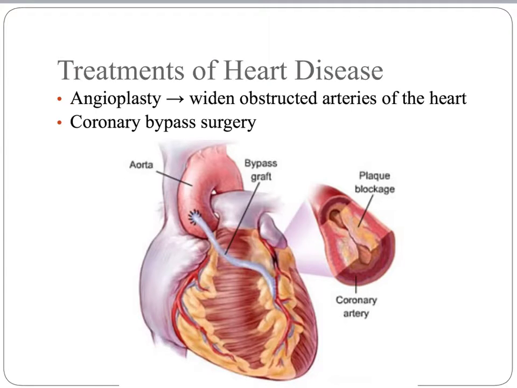There are also surgeries. One type of surgery to help with atherosclerosis, when we have the closing or narrowing of the arteries that are supplying the heart with oxygenated blood, is angioplasty. Angioplasty widens those obstructed arteries of the heart. There are some different methods.